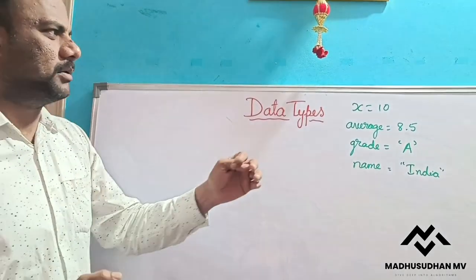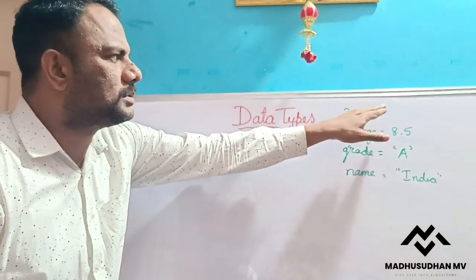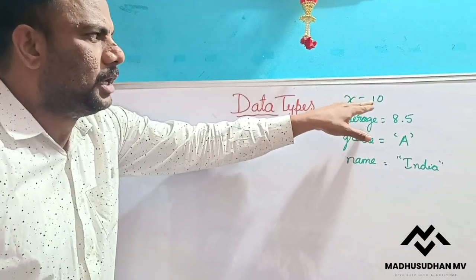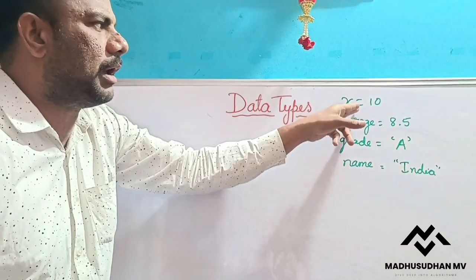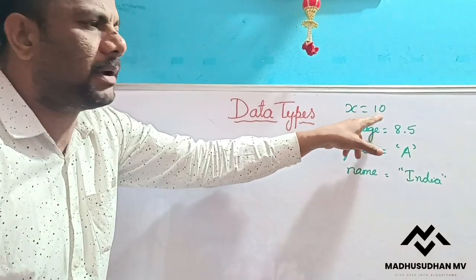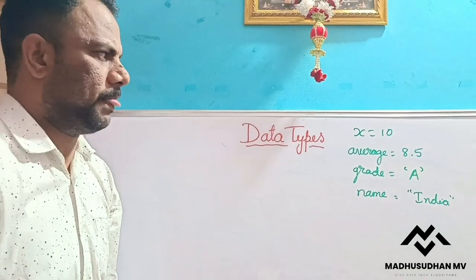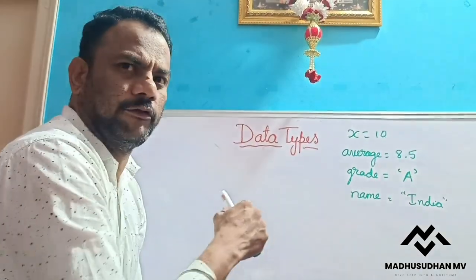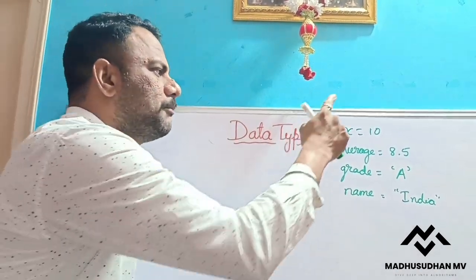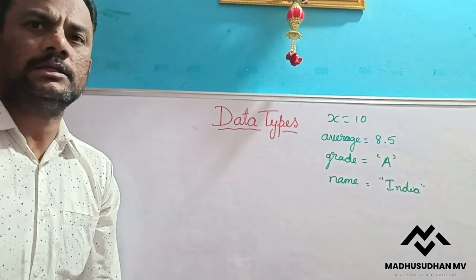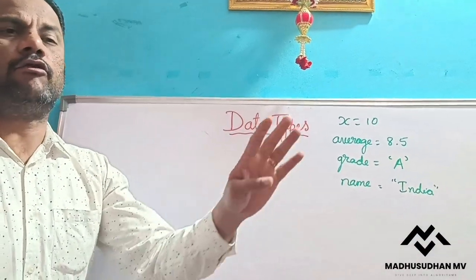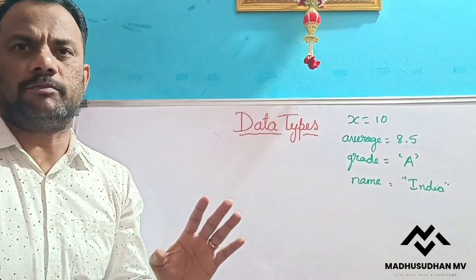For example, if I say I am storing an integer value in a variable, the compiler will allocate 2 bytes or 4 bytes depending upon the number of bits of the machine. Similarly, if I inform the compiler that I am storing a floating point number in a variable, it allocates 4 bytes of memory.